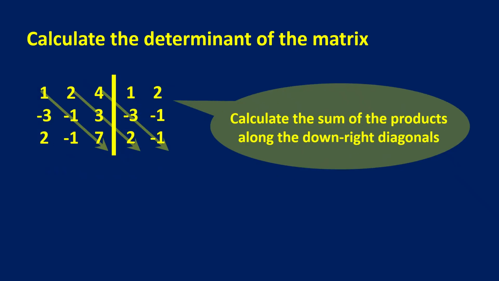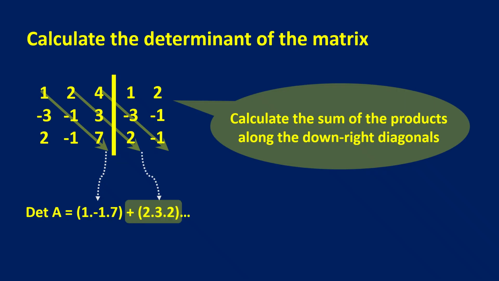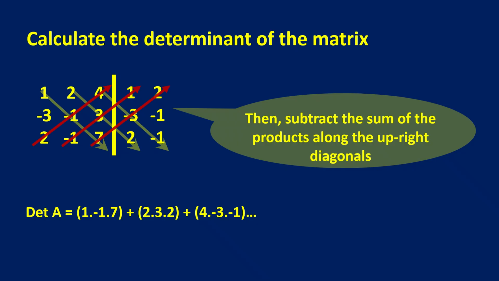And then we need to calculate the sum of the products along the downright diagonals as represented by the yellow arrows. And here are the numbers. And then we also need to subtract the sum of the products along the upright diagonals as represented by the red arrows.